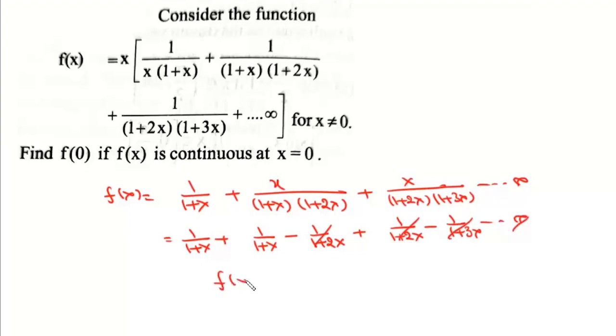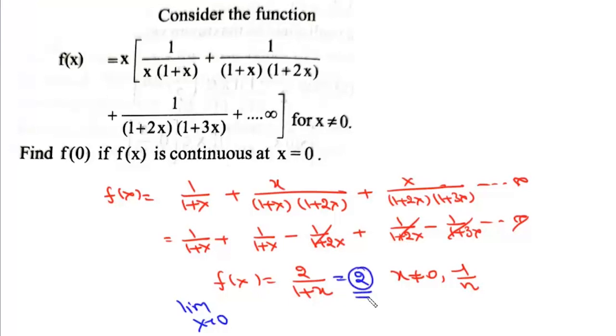We'll get this fx as 2 upon 1 plus x when x is unequal to 0, and when x is unequal to minus 1 by n. Now it says this function is continuous at x equal to 0. In that case, this limit x tends to 0 fx will be simply 2, and it must be equal to the function value. So in this case, the value at 0 must be 2.